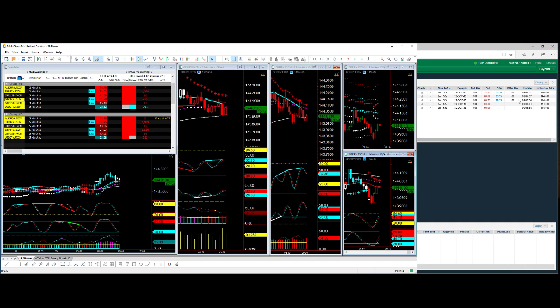You see, this is where I want it to go higher. I want it to go back to that ATR, which is coinciding with the medium-term moving average.